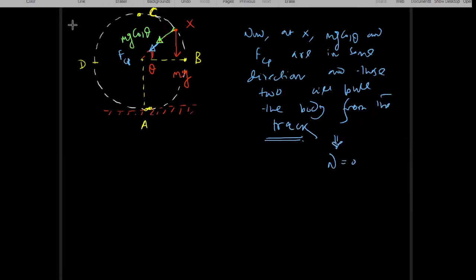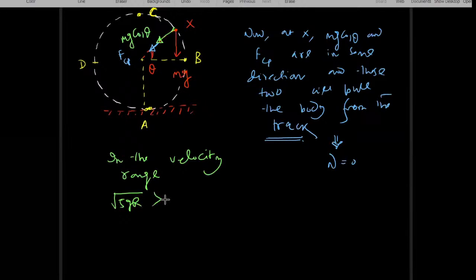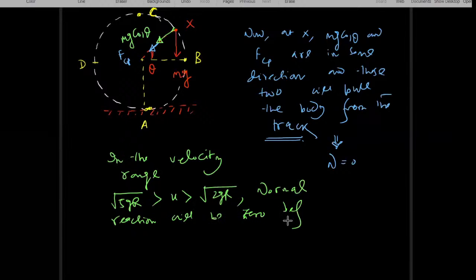So what we have to remember is that in the velocity range, root under 5gr greater than u greater than root under 2gr, normal reaction will be 0 before velocity. Correct?